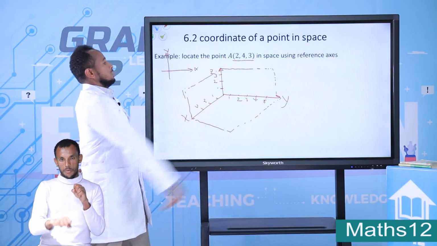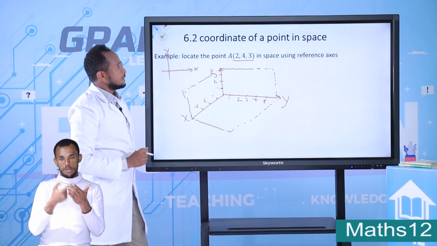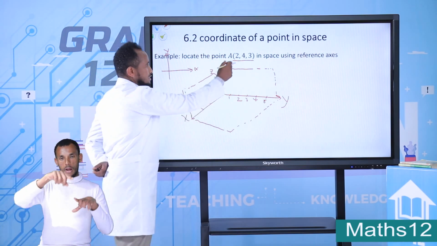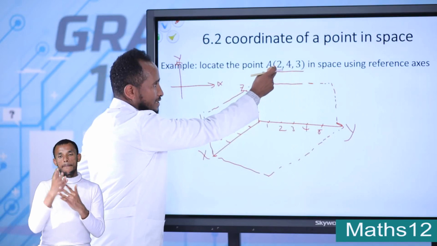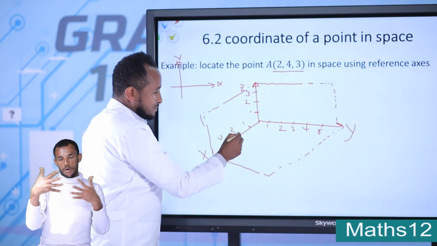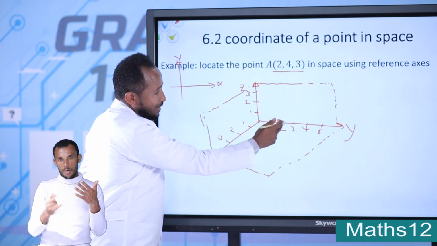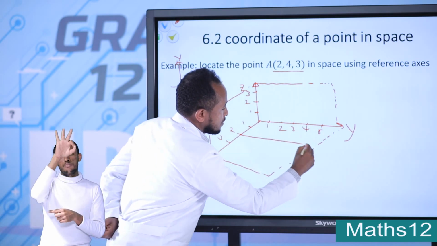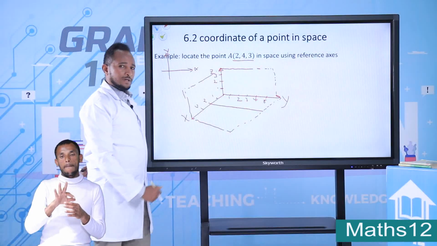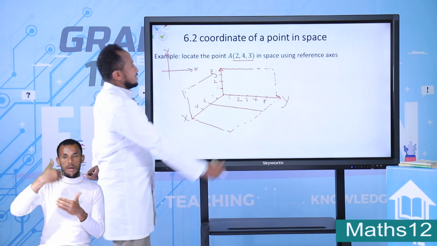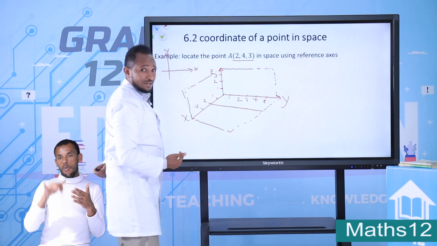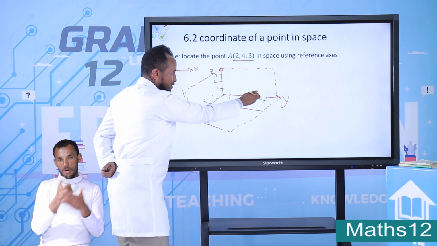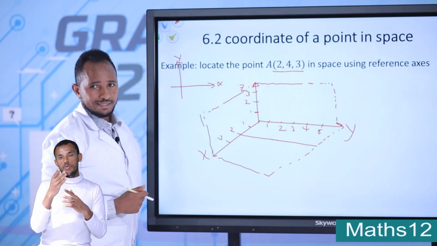So to locate this point, let's first draw a line. The x coordinate is 2, so the x coordinate is here. Draw a line parallel to the y-axis. It must be parallel to this one. And next, the y coordinate is 4. Draw a line passing through 4 parallel to the x-axis.